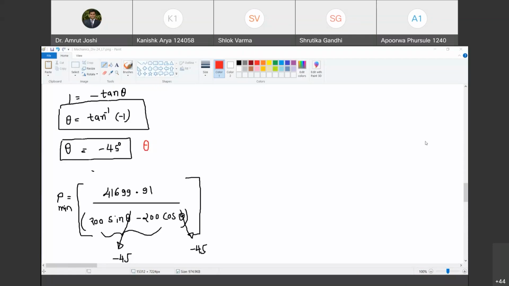So therefore, we have the correct root of theta. Theta will now be equal to 180 plus minus 45. Are you with me? Yes, sir. So how much is that? It is 135 degree. Happy? Yes, sir.